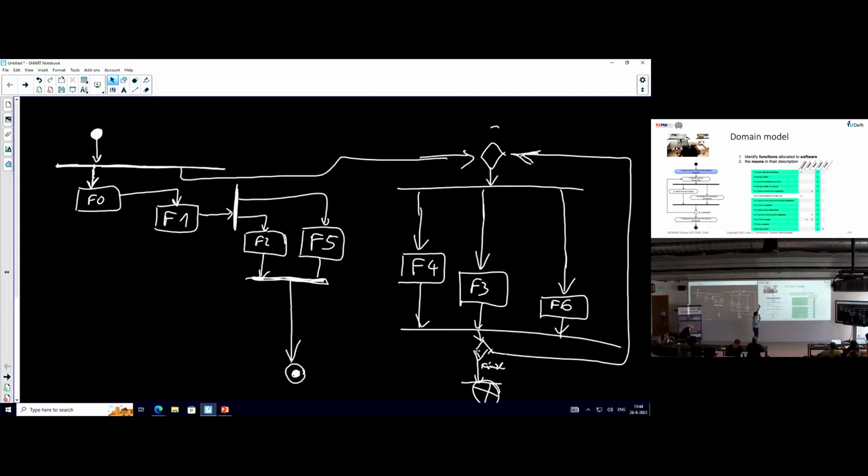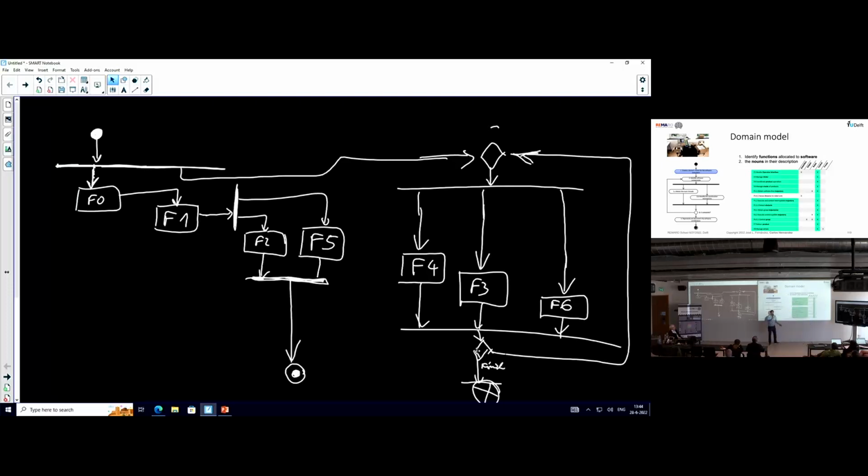Jose Luis was mentioning that you depart from the functions that you define in your system, and we are back to the collaborative robot. So these were the functions for the entire system, coming from systems engineering, our functional architecture. And some of these functions are allocated to the control software. So we identify those.